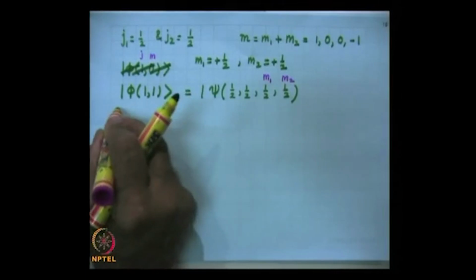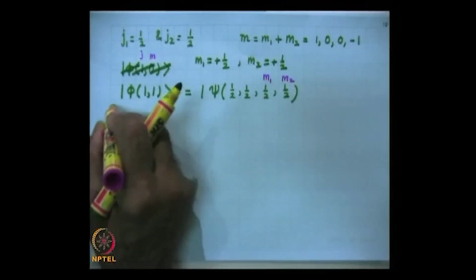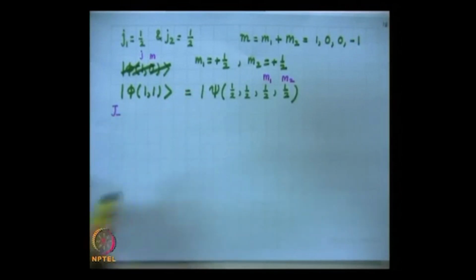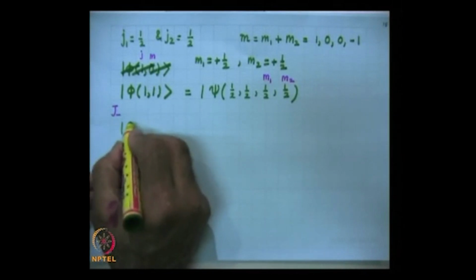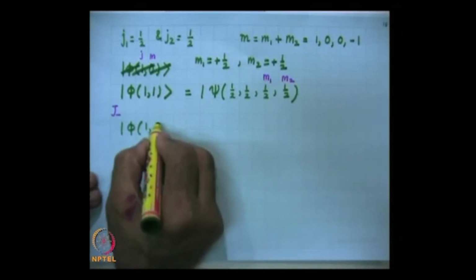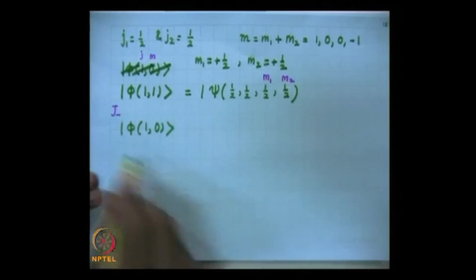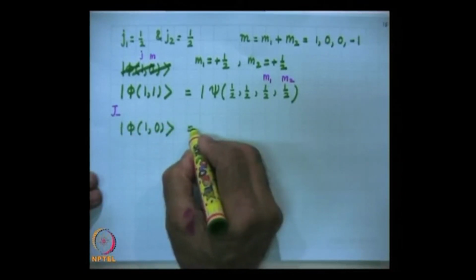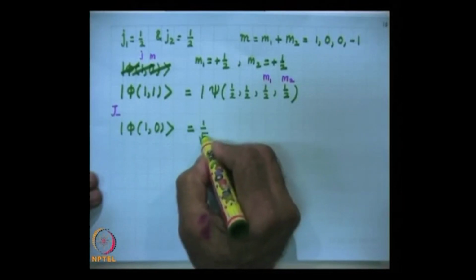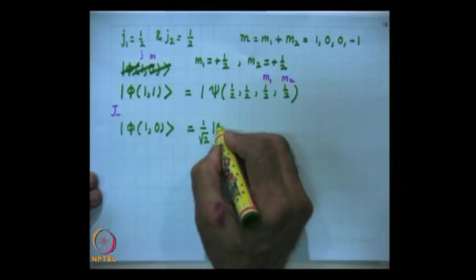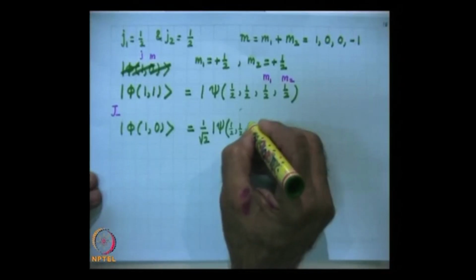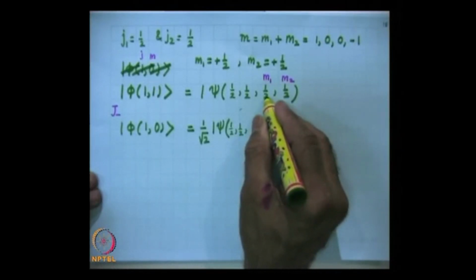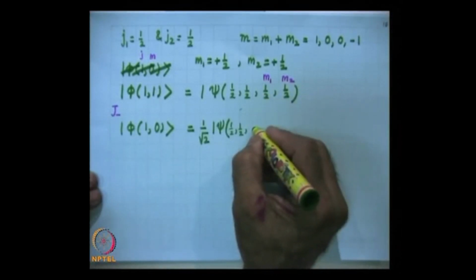Then what I did was that I operated this by J minus, and I will get root 2 of phi of 1 comma 0, and when I took the root 2 out here, I will get 1 over root 2 psi half comma half, and this will become J1 minus operating on this will give half minus 1.